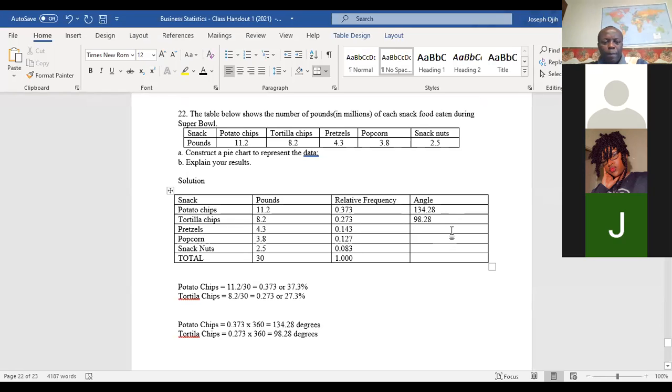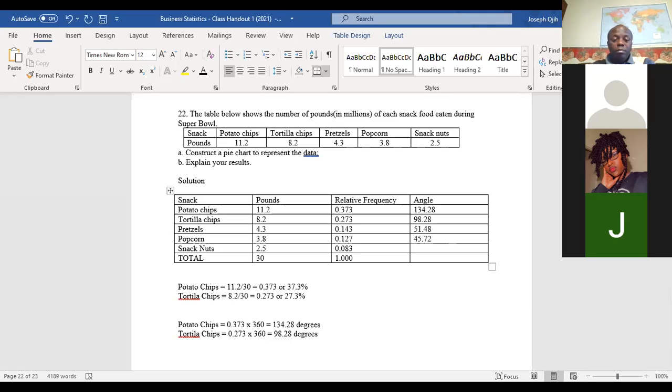I followed the same steps to get the rest of them. For pretzels, I got 51.48 degrees. For popcorn, 45.72 degrees.